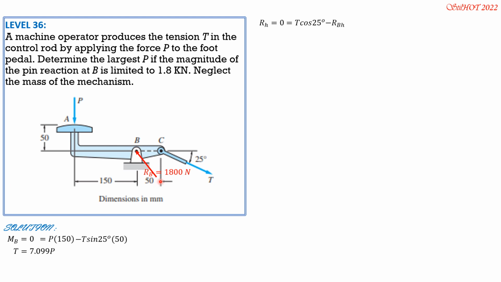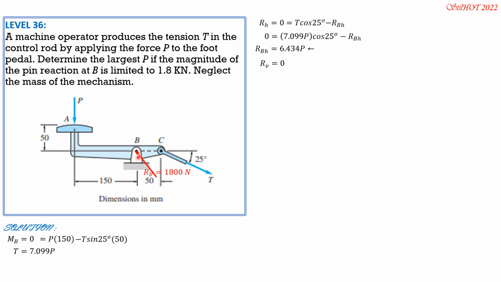So RBH, substituting T, is 7.099P cosine of 25 degrees. So RBH is equal to 6.434P leftward.